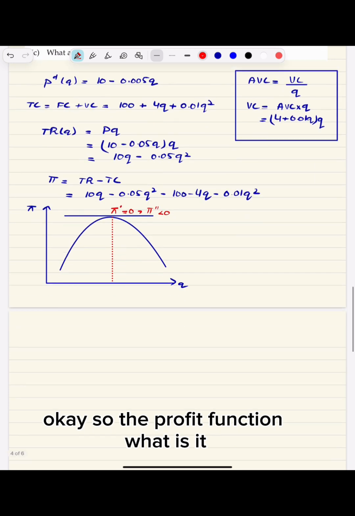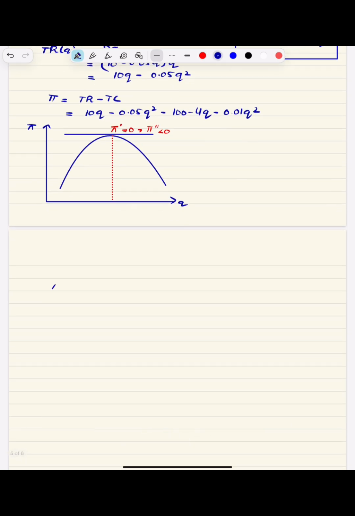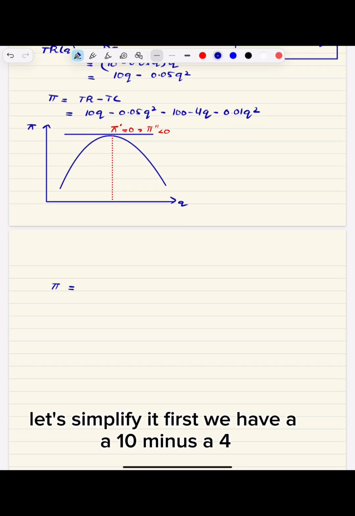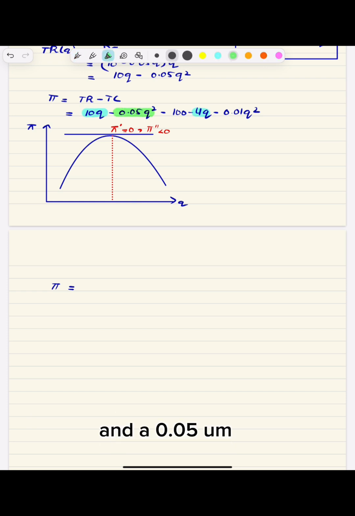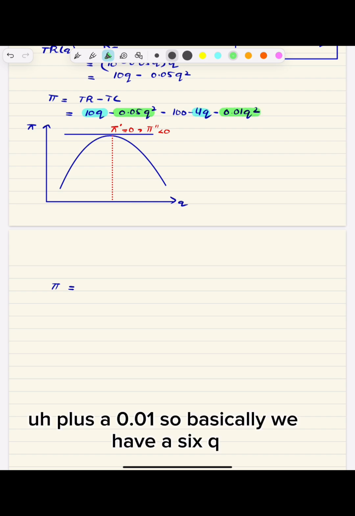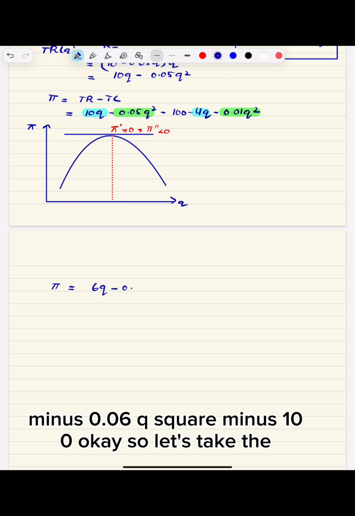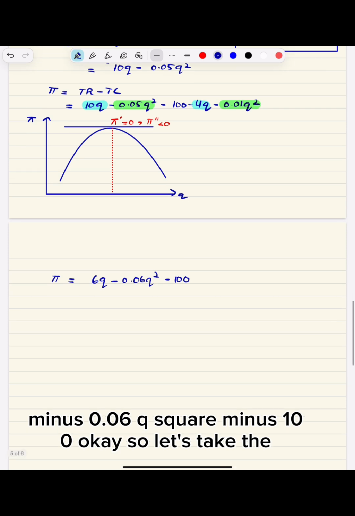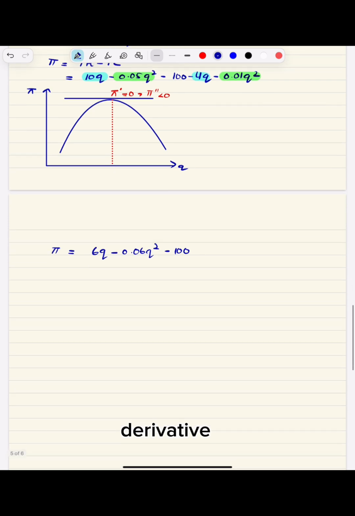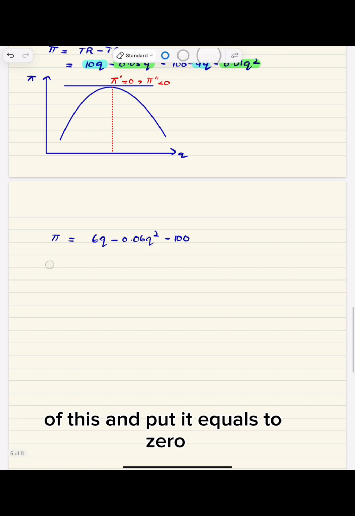Okay, so the profit function, what is it? Let's simplify it first. We have 10 minus 4 and 0.05 plus 0.01. So basically we have 6Q minus 0.06Q squared minus 100. Okay, so let's take the derivative of this and put it equal to 0.